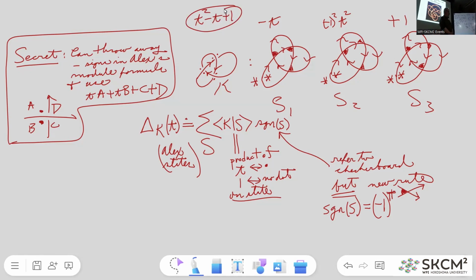Okay, so that's the state sum for the Alexander polynomial. Similar in its form to the state sum for the bracket, but a bit more complicated. It has some bells and whistles in it.